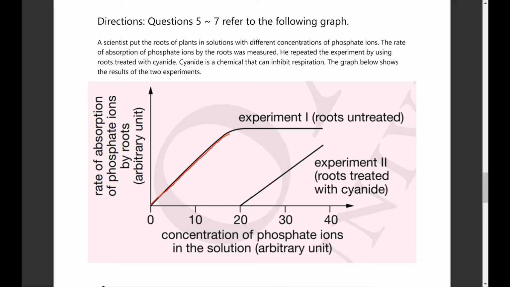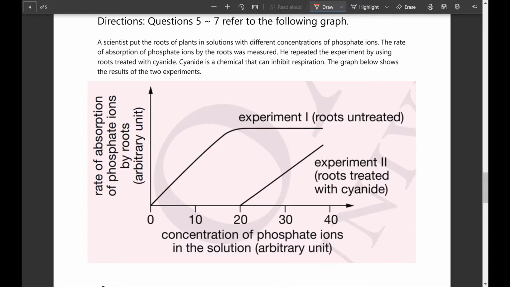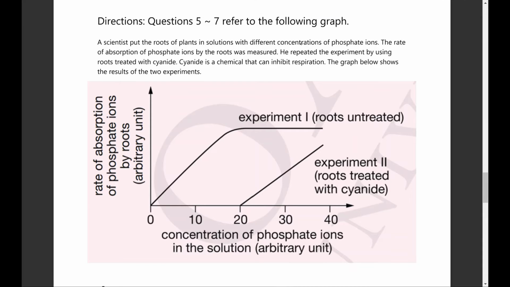This is the curve in experiment 1. He repeated the experiment using roots treated with cyanide. So there is another plant whose roots were treated with cyanide, a chemical that can inhibit respiration. This is the result of experiment 2.